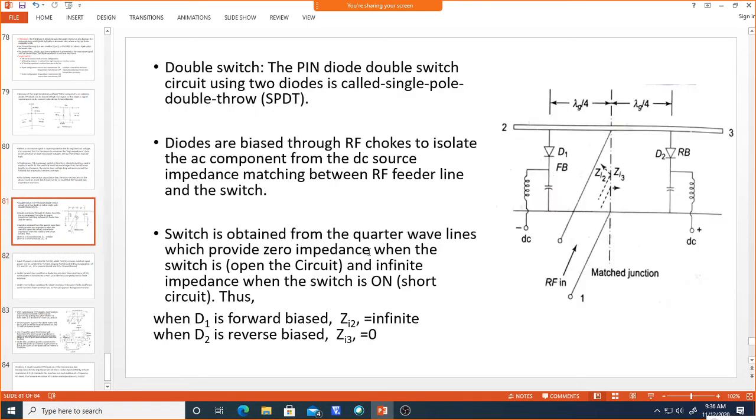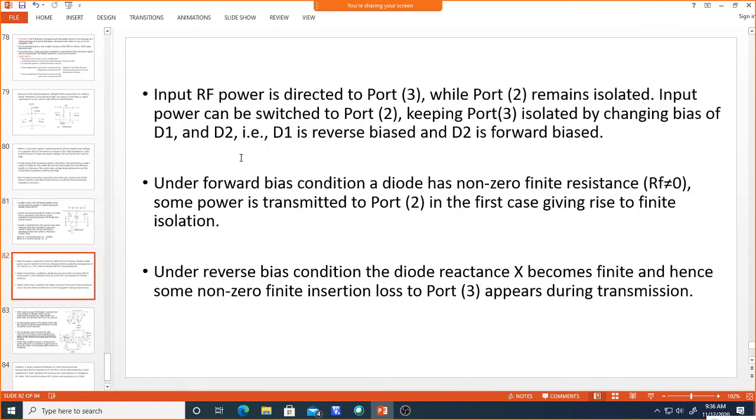That means whenever you input the signal at port 1, by making D1 and D2 forward or reverse biased, we can extract the output power at the corresponding port. When D1 is reverse biased and D2 is forward biased, port 2 is isolated. When D2 is forward biased, port 3 is isolated, and the corresponding ports can be extracted.